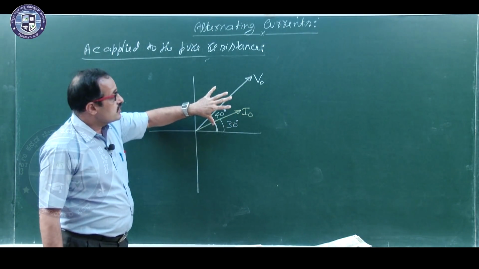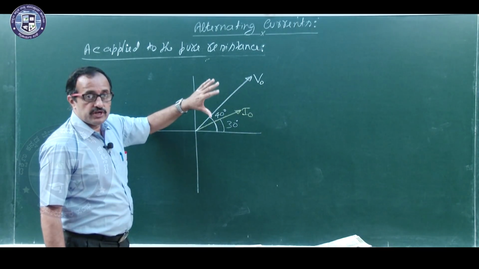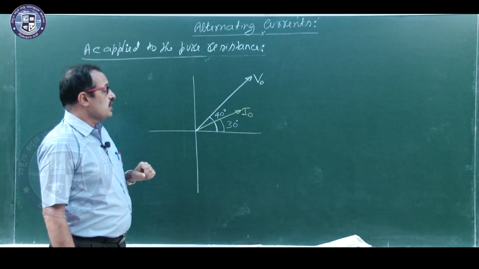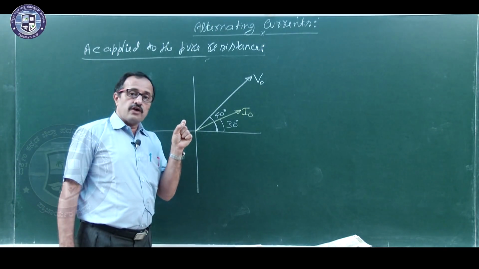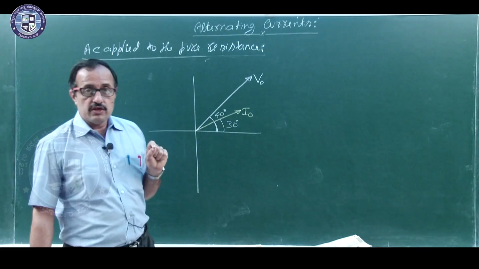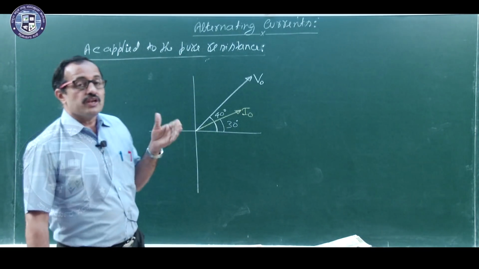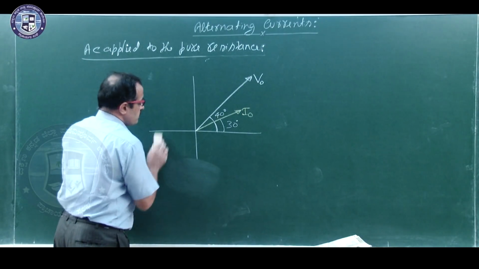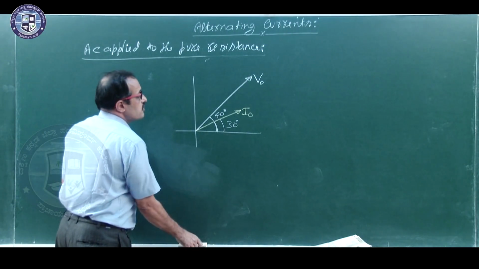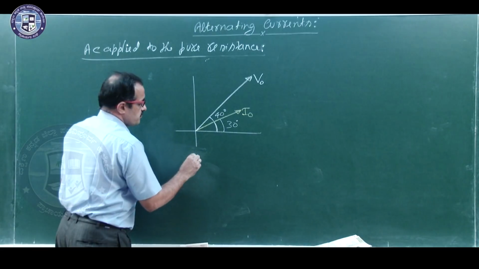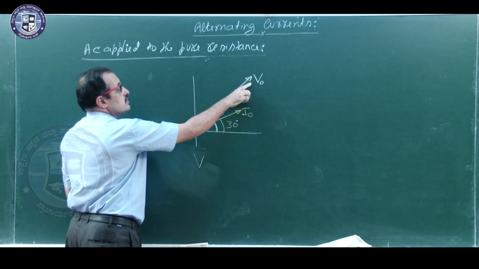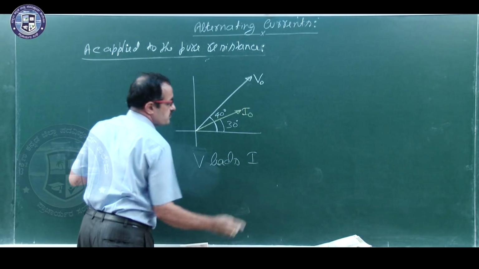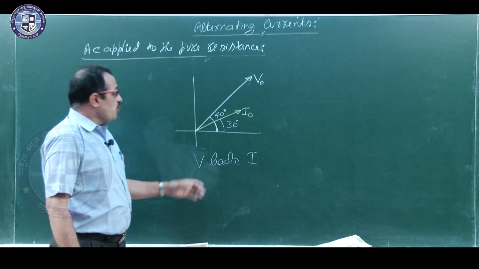Now, they are out of phase, remember, they have different phase angles, they are not in phase, they are out of phase, and the quantity which has the higher phase angle, we say it is leading. So, what is the meaning of that? In this graph, V leads I. By how much?